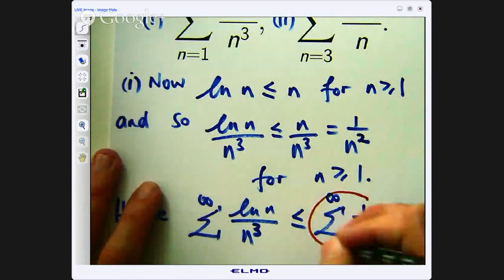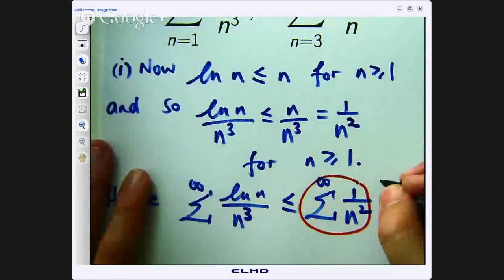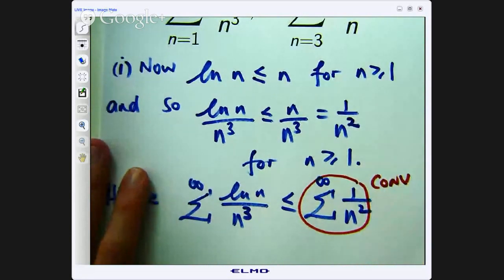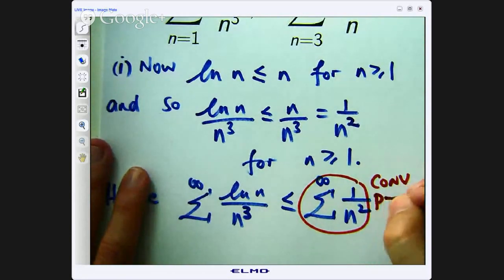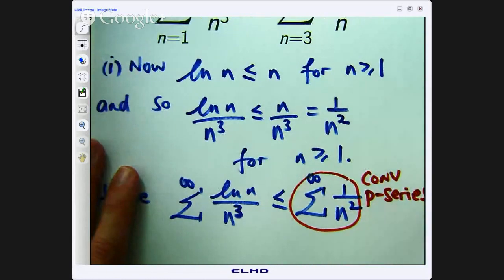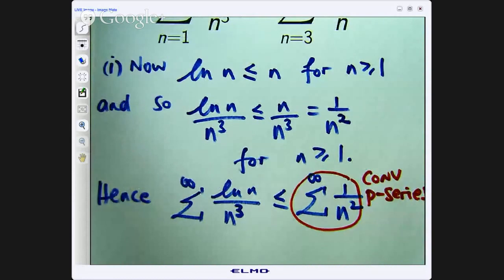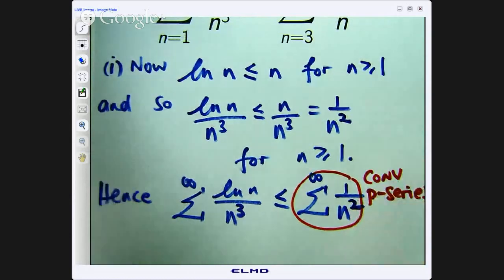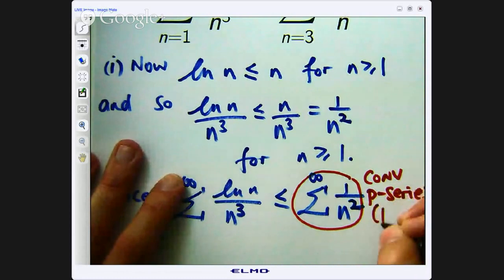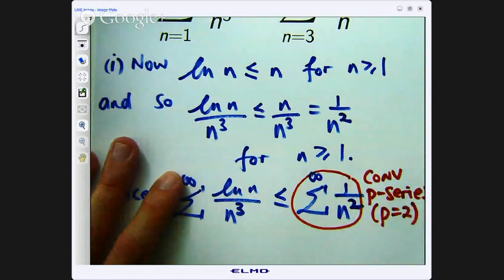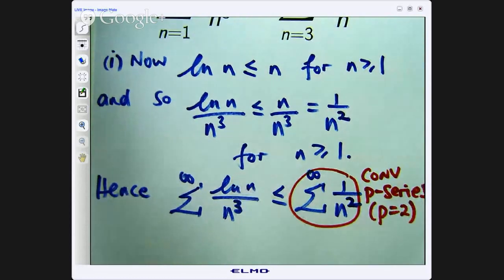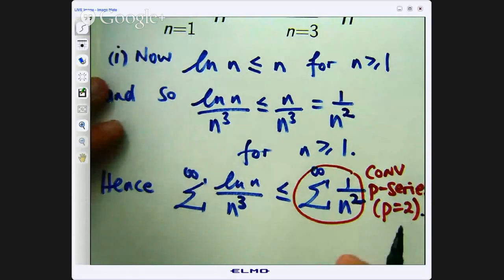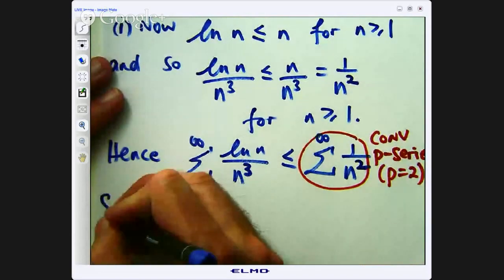Okay, so we recognize that this is a convergent P series with p equal to 2, which is strictly greater than 1. Okay. All right. And what this means is it forces the smaller series to converge. Okay. So let's make that conclusion.